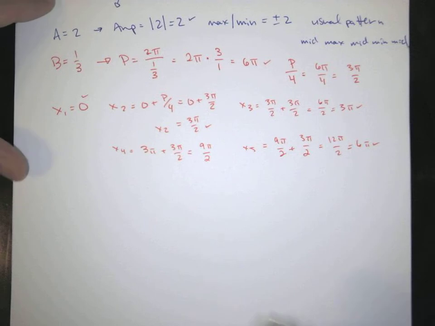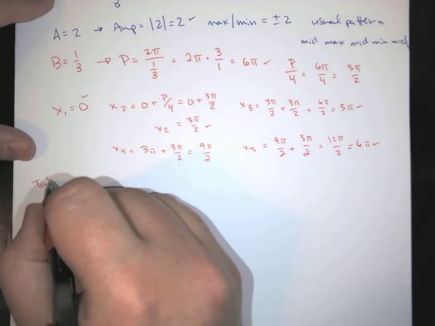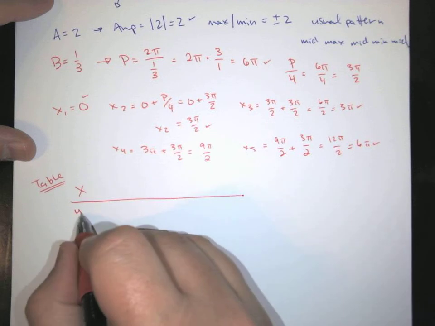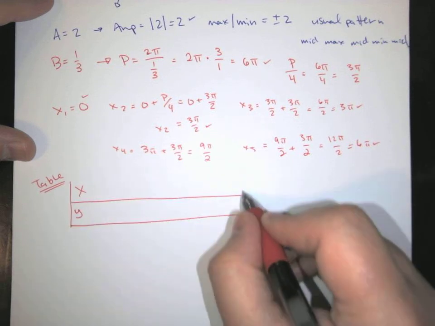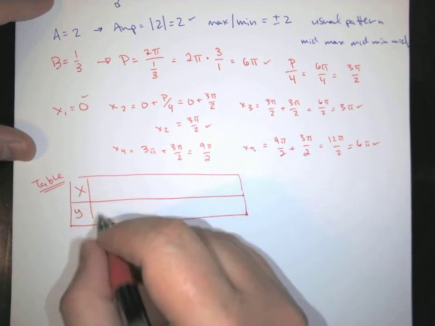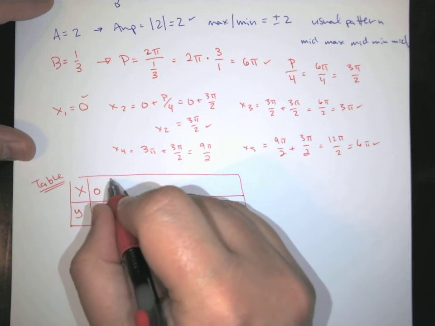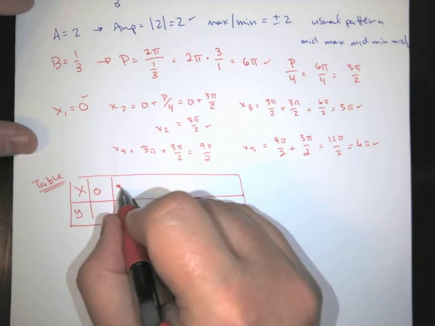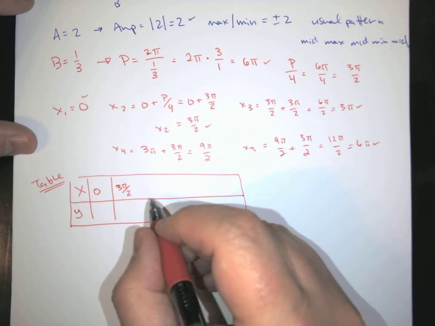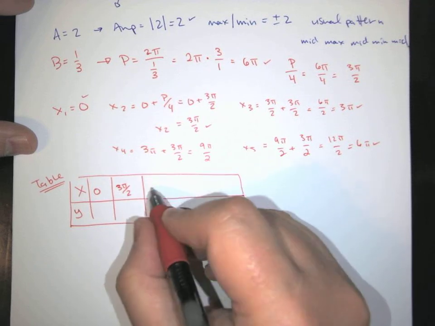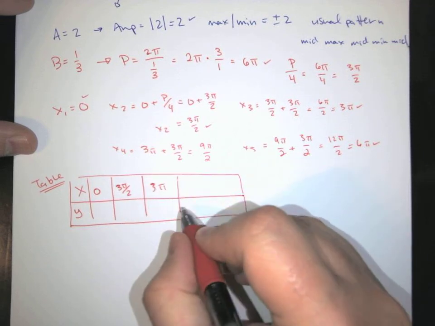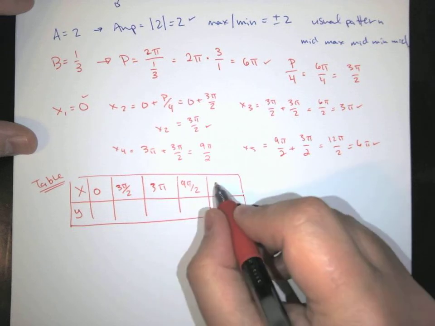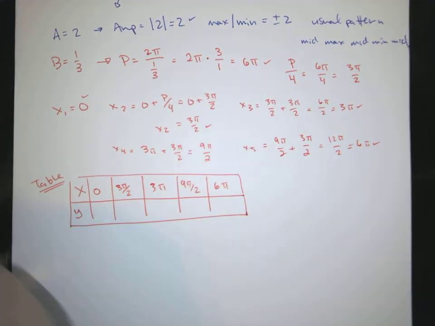So the table goes a little something like this. X, Y. So 0, our first x value, then 3 pi over 2, that's our distance between these points. 3 pi was in the middle, 9 over 2 was our 3/4 point, and 6 pi was on the end.